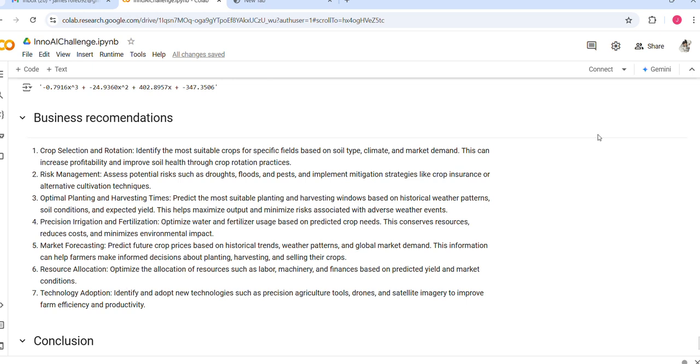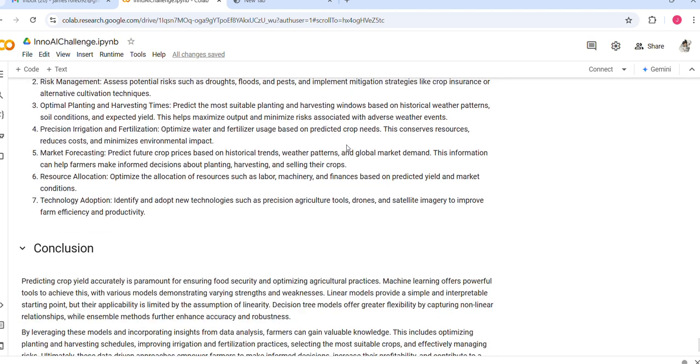These recommendations are extracted from the exploratory data analysis, the trends we have observed so far. The farmers can use crop selection and rotation and things like that, and the farmer has to assess the risk of all the other factors that are missing in our data, like floods, pests, and all the unfortunate things that can happen in agriculture.